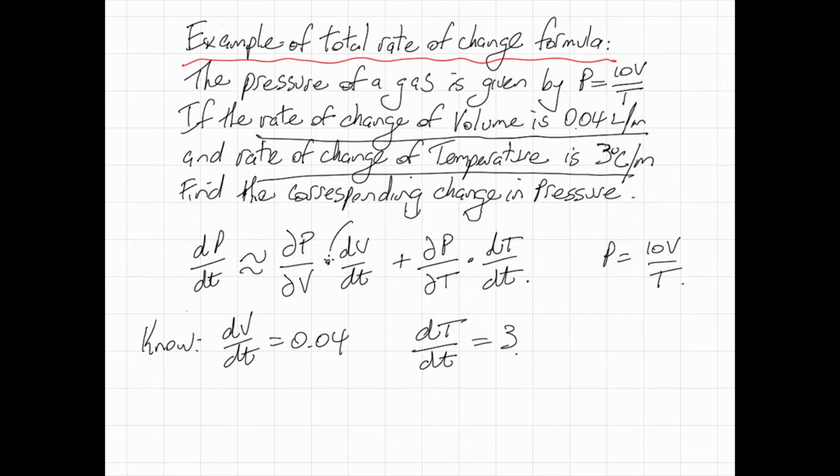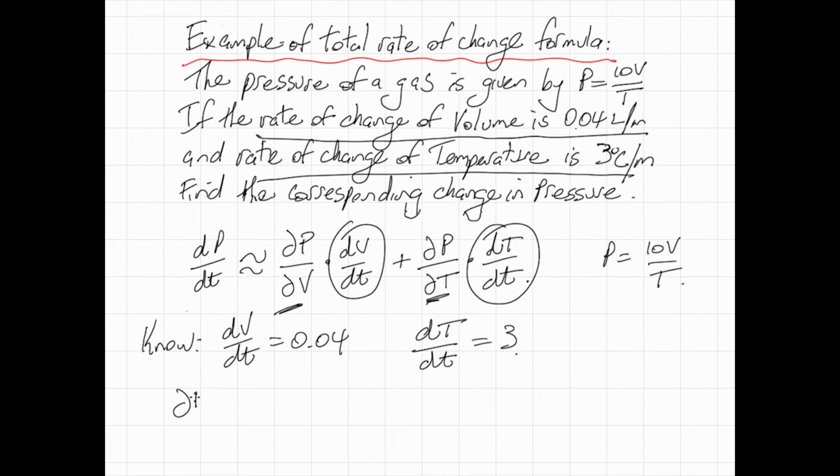So we know that capital T for temperature over little t, which is time, dT/dt is equal to 3. We can calculate those two partial derivatives, because we've got P as a function of volume and temperature. So therefore we'll be able to find dP/dt. All right, let's do the first one.